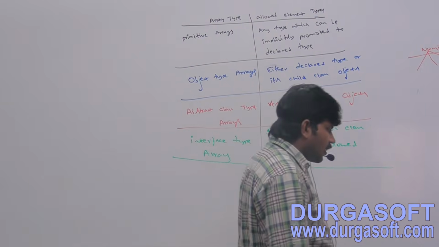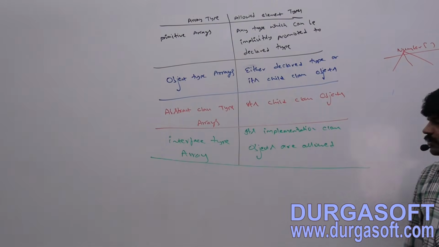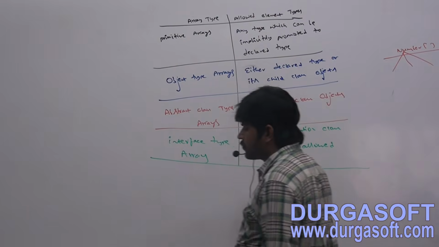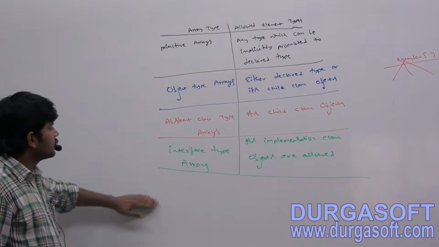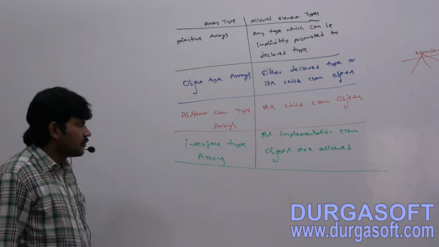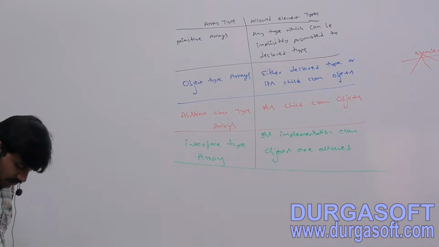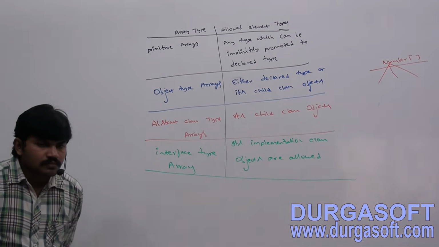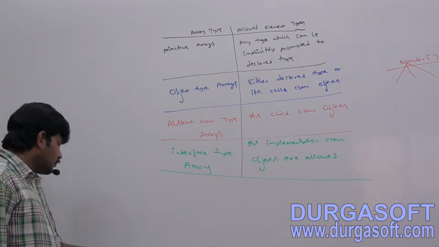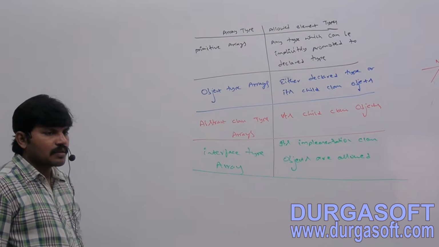Abstract class type arrays: its child class objects are allowed.